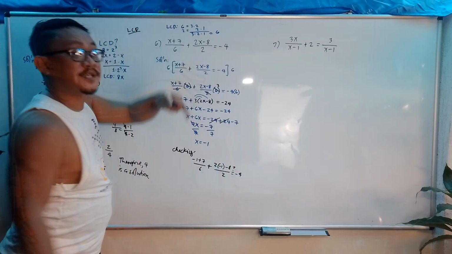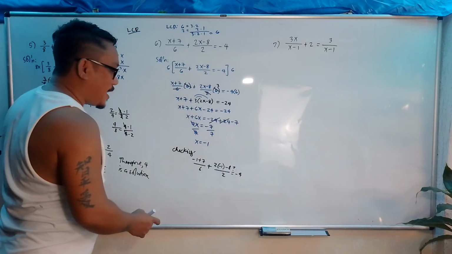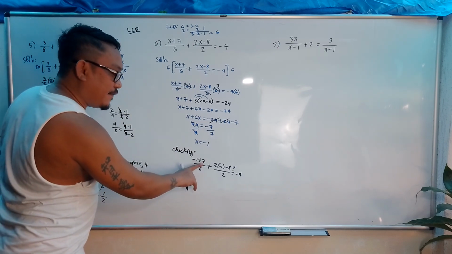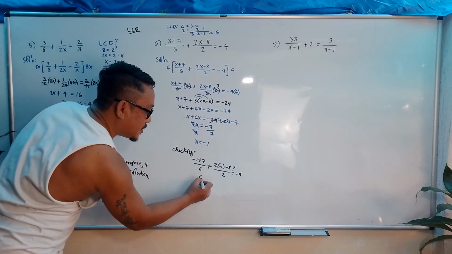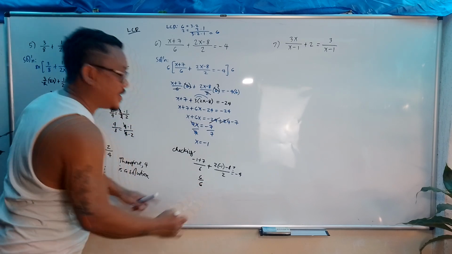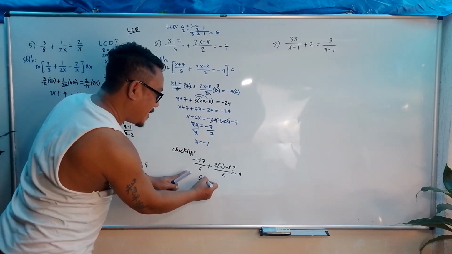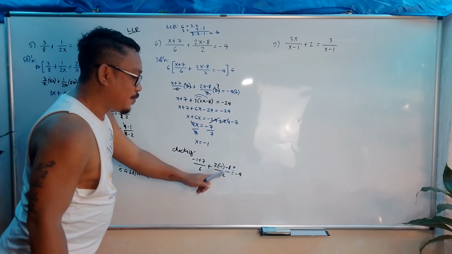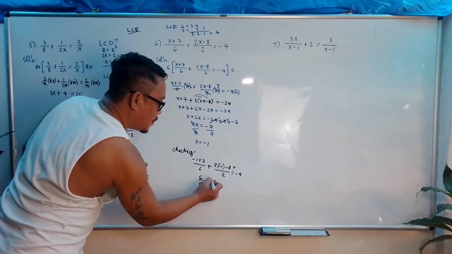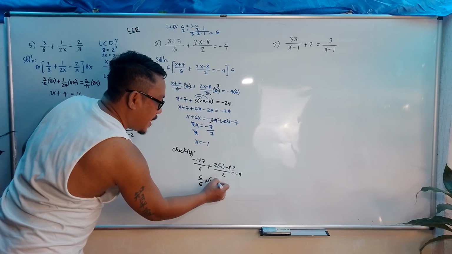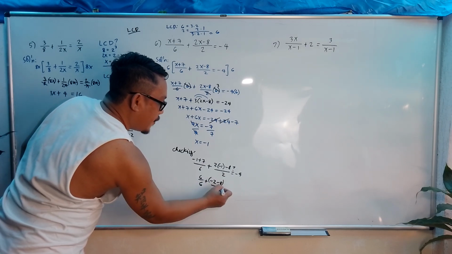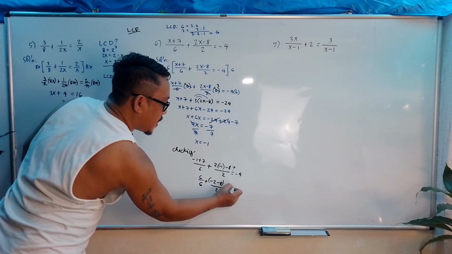So, is it equal to negative 4? Let's see. Negative 1 plus 7 is, you have 6. Then, you just copy 6 in the denominator. Okay? So, plus 2 times negative 1 is negative 2. Then, minus 8 over 2 is equal to negative 4.